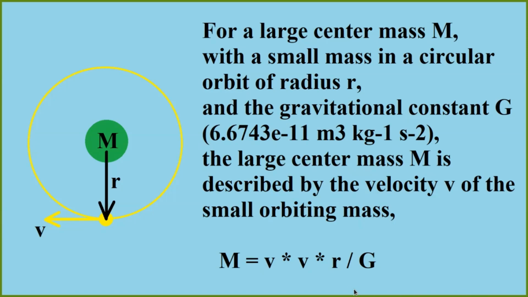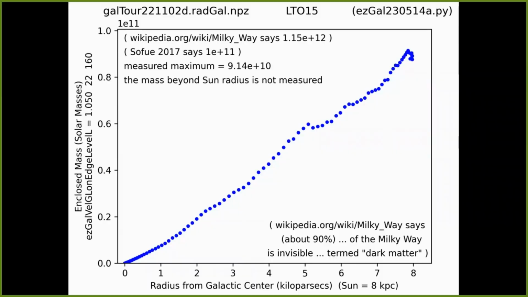The large mass is equal to v squared times r over G. I have those r's, the radius from the galactic center, all the way up to the sun's location at 8 kiloparsecs. And I have those v's, the velocities. The data goes all the way up here. The measured maximum for that top point is about 914 times 10 to the 10th.